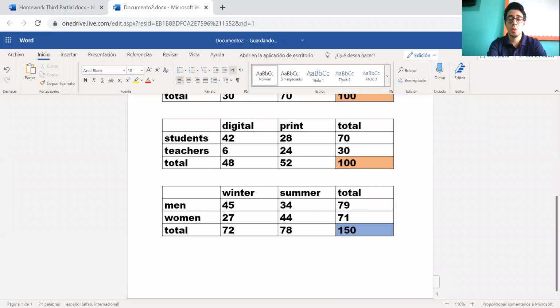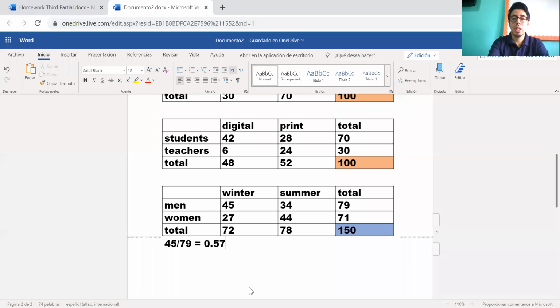What we can do is take the number of men that watch the Winter Olympic Games divided by the total of men, 79. This is equal to 0.57. If you multiply this by 100, you obtain 57%.